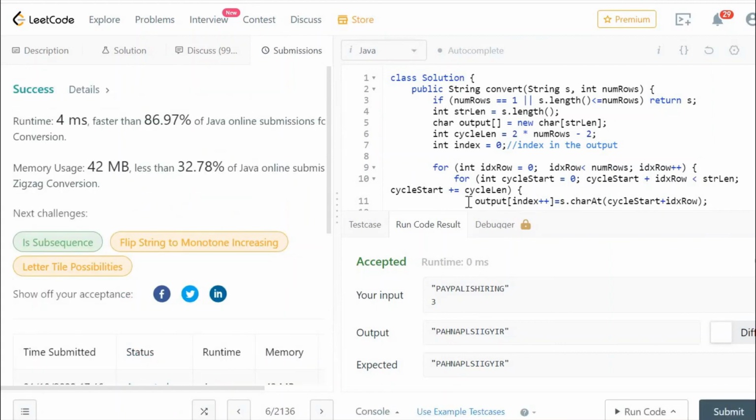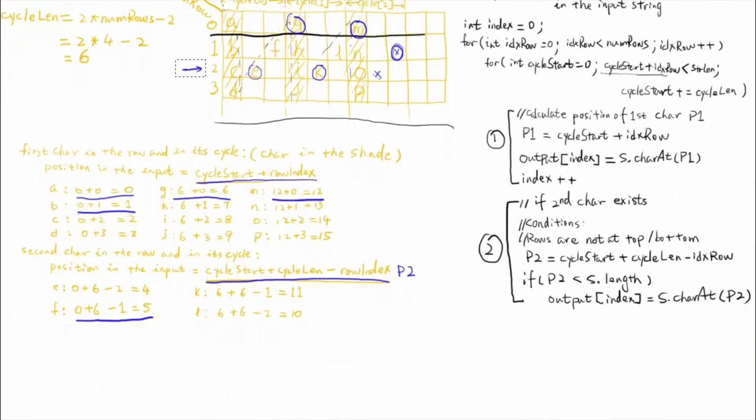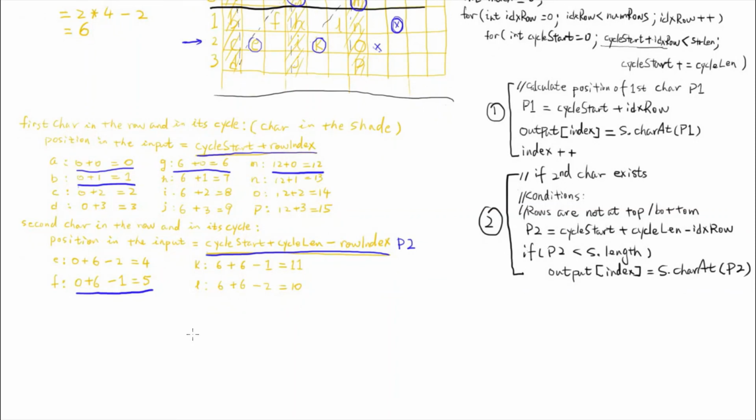The submission was successful. The runtime is 4 milliseconds and is faster than 86% of all the online submissions. So our solution 2 has a runtime of 4 milliseconds and is faster than 86% of all the online submissions.